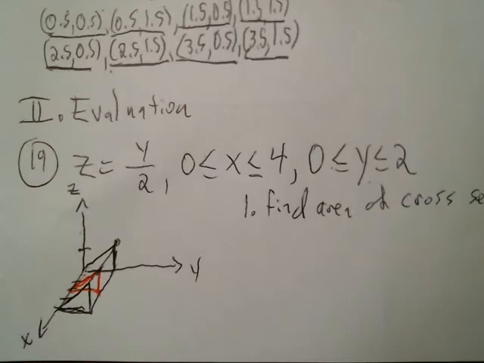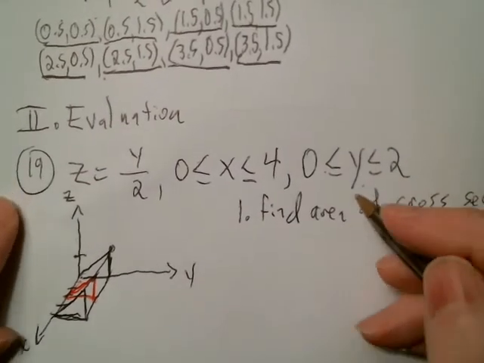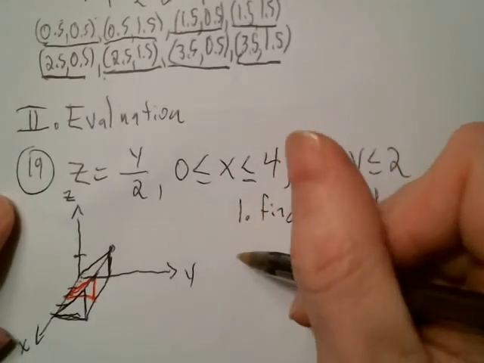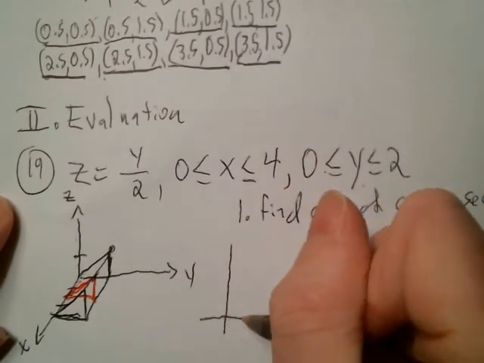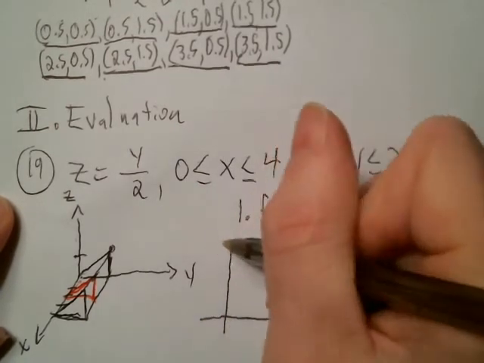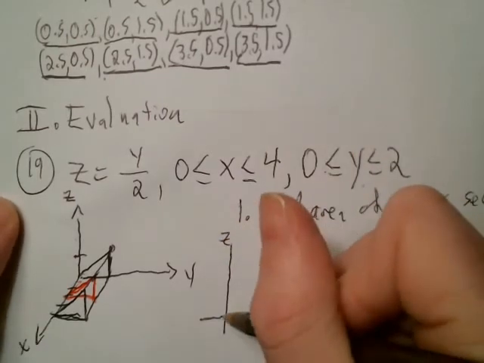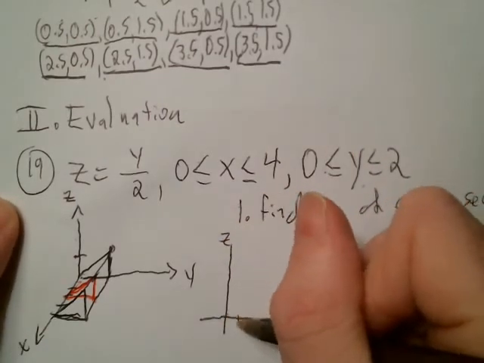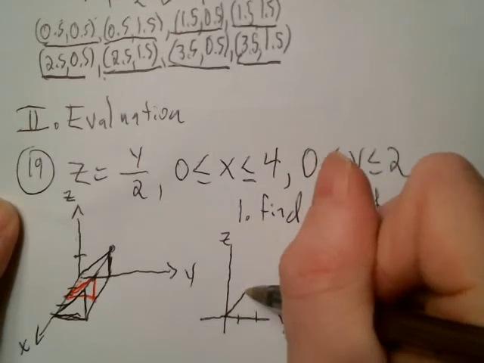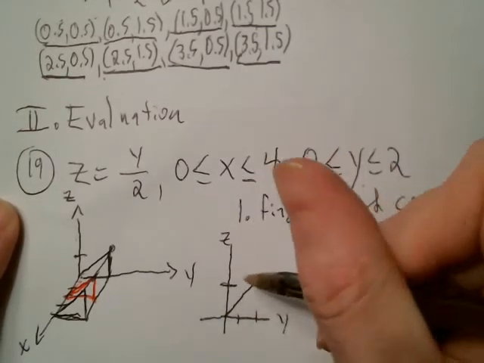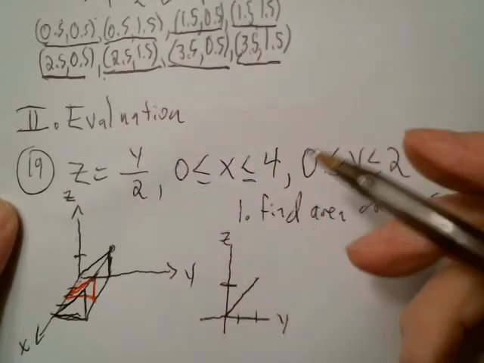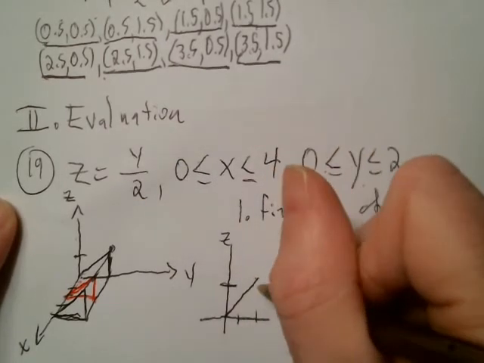So to find the area of that cross section, you can just look at the YZ plane and find the area from 0 to 2 underneath this curve, y over 2. So again, up 1 over 2 based off the slope of this as a line in the YZ plane.